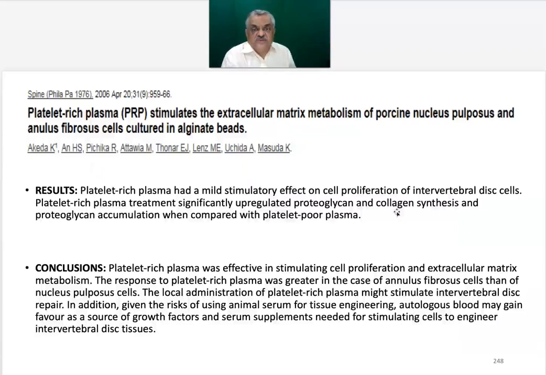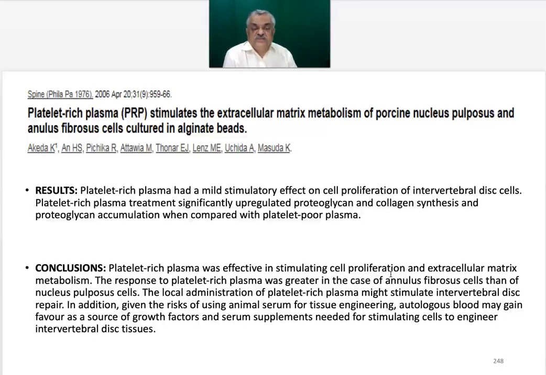Now PRP stimulates the extracellular matrix metabolism of nucleus pulposus and annulus cultured in alginate beads. This is a study, and the conclusion is platelet-rich plasma was effective in stimulating cell proliferation and extracellular matrix metabolism. The response to platelet-rich plasma was greater in the case of annulus fibrosus cells than the nucleus pulposus cells.